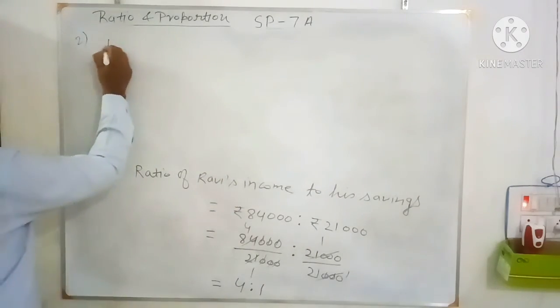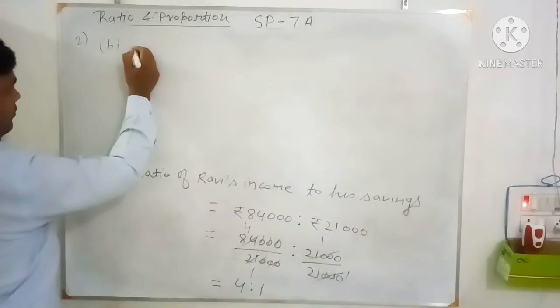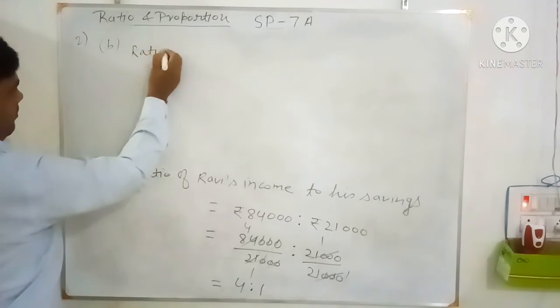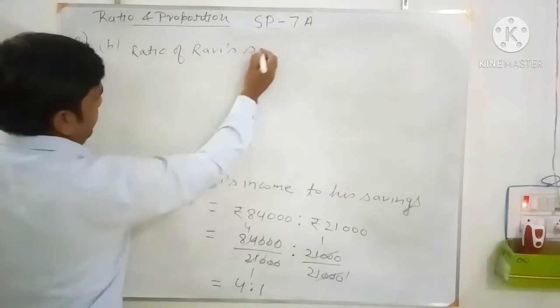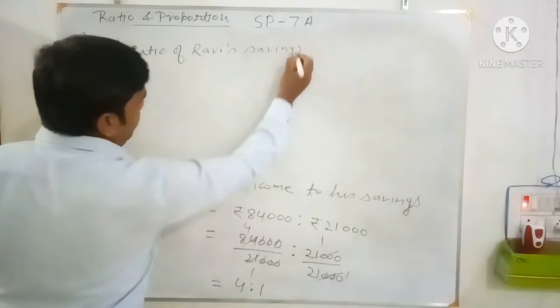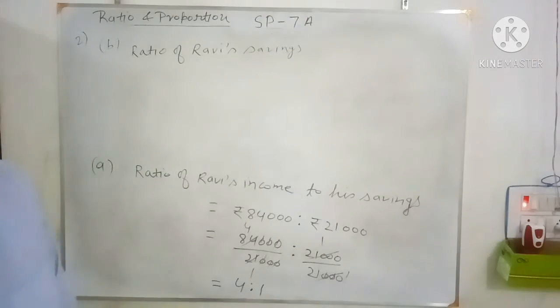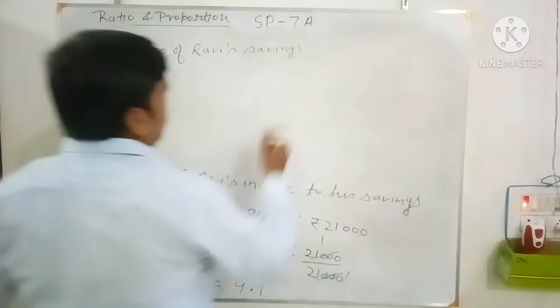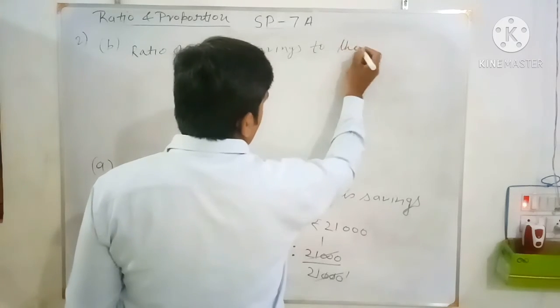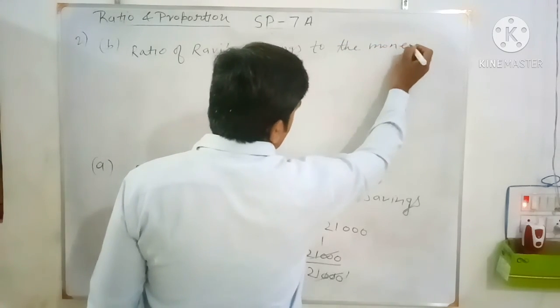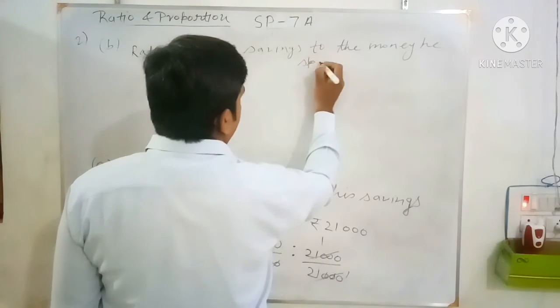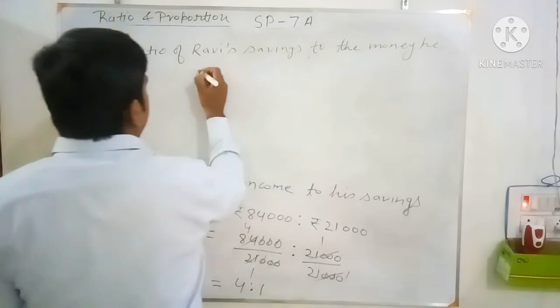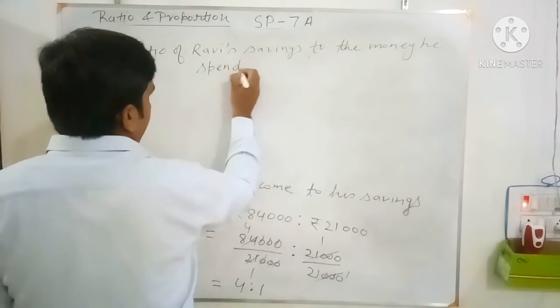So 2B, the ratio of Ravi's savings to the money he spends.